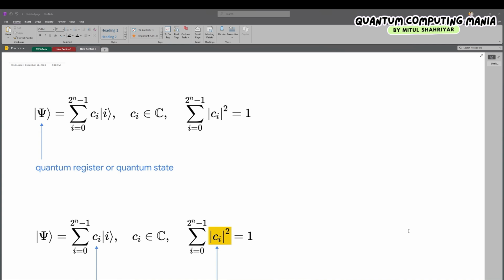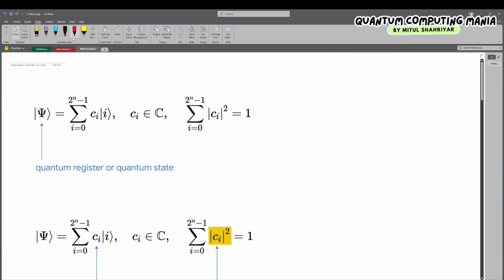Let's begin and talk about what these states basically are. Here we have our quantum register, or quantum state. You might have heard of this thing, the quantum state. You can see this icon, which is called a bracket, like bra and ket.